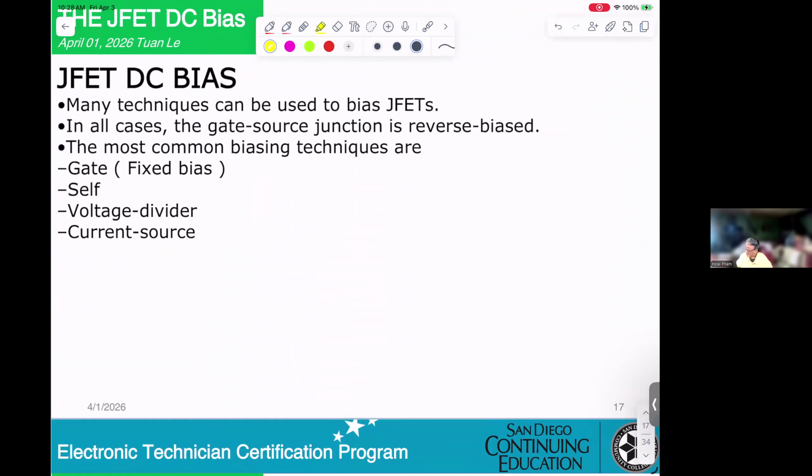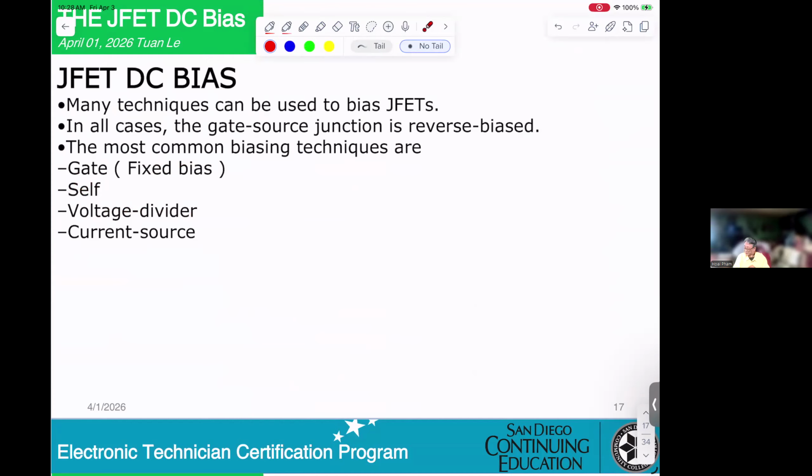JFET DC bias. Many techniques can be used to bias a JFET. In our case, the gate-source junction is reverse biased. The most common bias techniques: first one, fixed bias. Second one, self bias. Next one, voltage divider bias, which is almost the same as for a bipolar transistor.